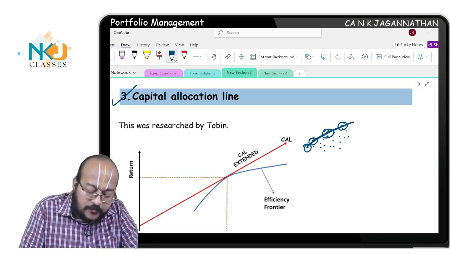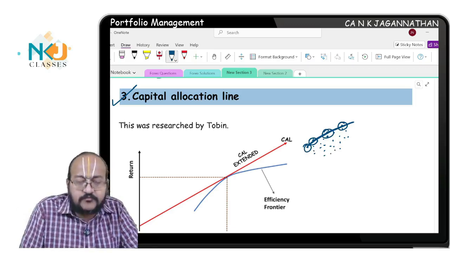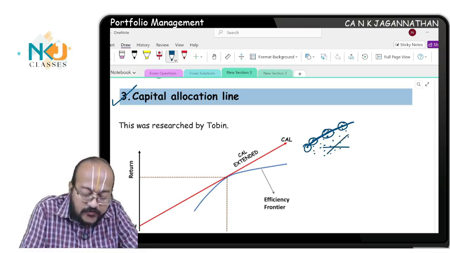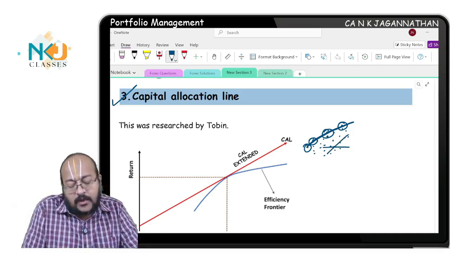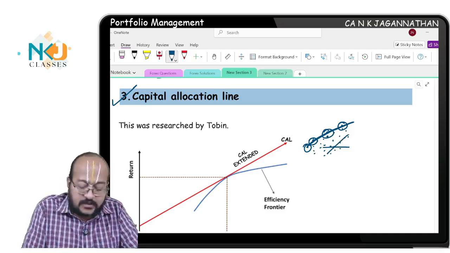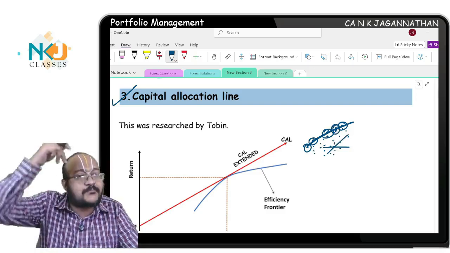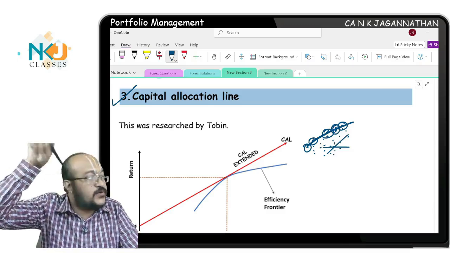The portfolios below the efficiency frontier were all inefficient because for the same level of risk there will be higher return offered by the portfolio which is lying on the efficiency frontier.